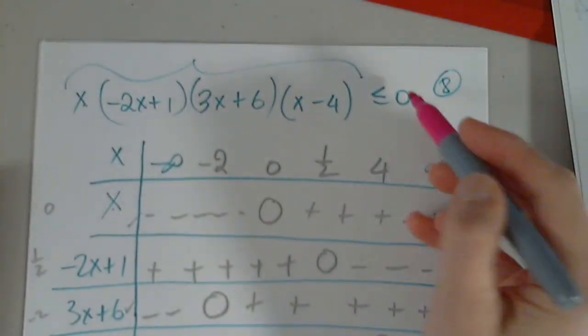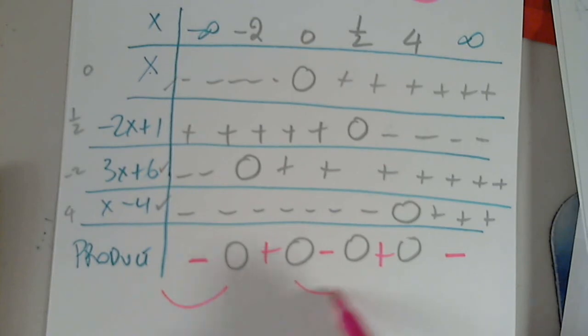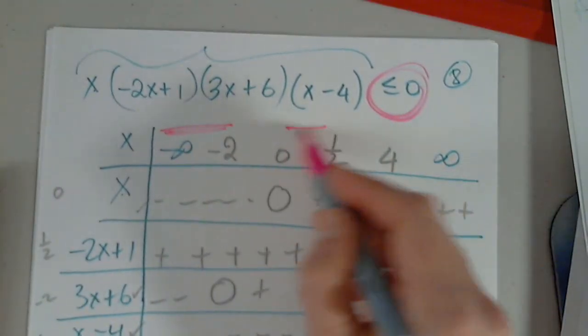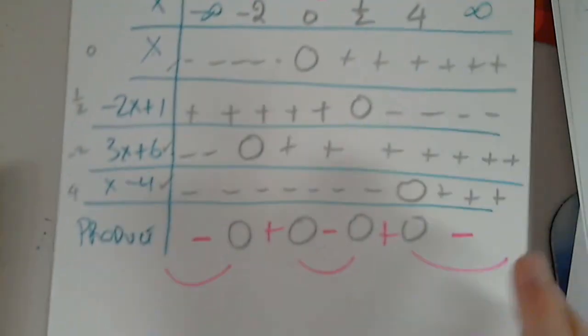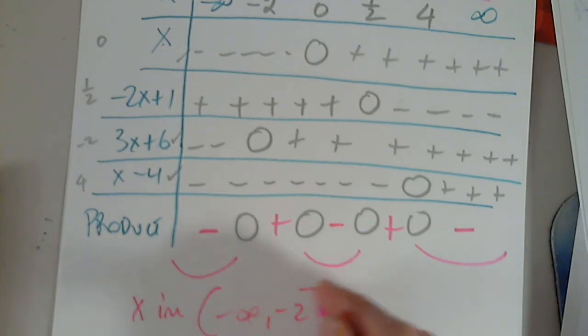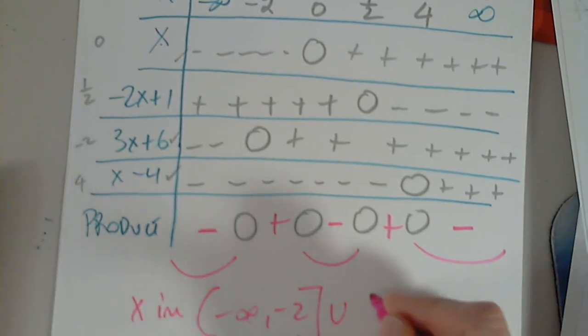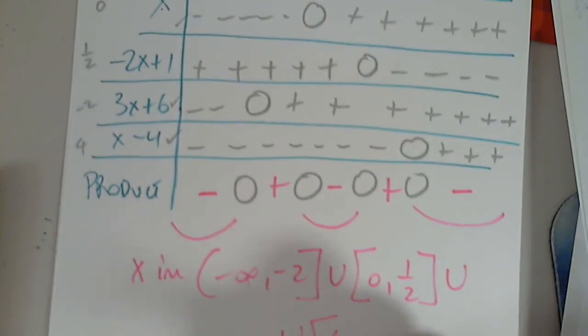So it's negative where? Here, here, and here. Which means this is the solution. So I will write x in the interval, negative infinity, -2 with a bracket, union, bracket at 0, comma 1/2, union, 4 to infinity.